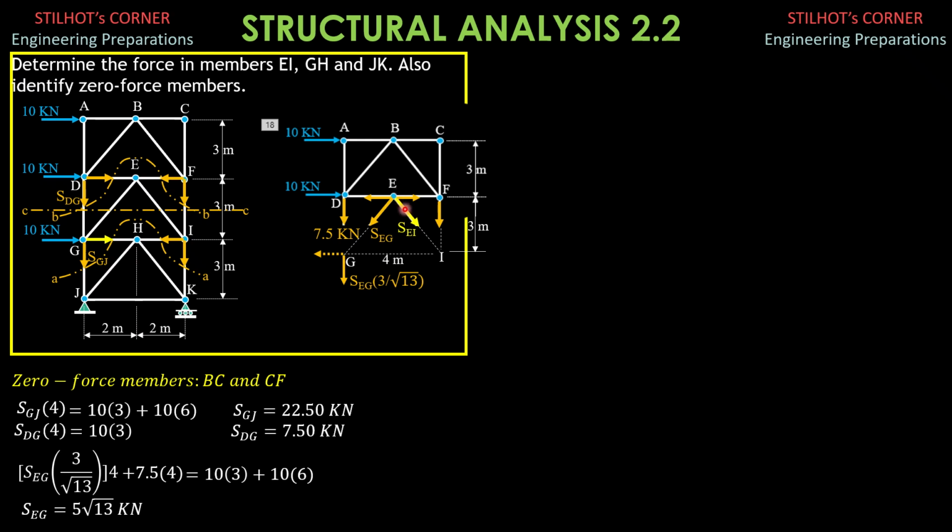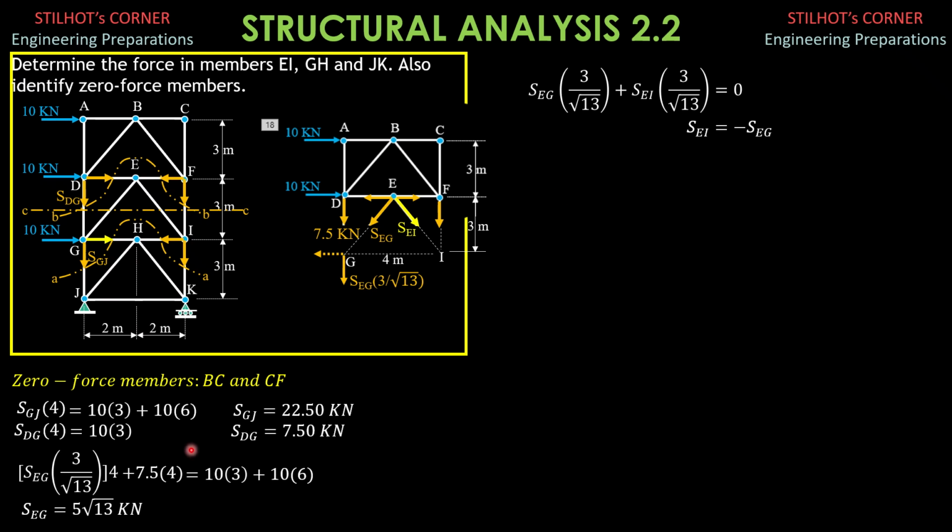The vertical component of SEI is SEI times 3 over square root of 13 also. So summation forces Y equals 0. SEG times 3 over square root of 13 plus SEI times 3 over square root of 13 equals 0 at joint E. So 3 over square root of 13 will be cancelled. Then we say that SEG is the negative of SEI, or SEI is the negative of SEG.